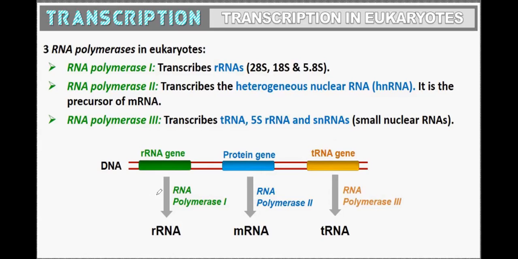RNA polymerase I produces rRNA, mRNA is produced by RNA polymerase II, and tRNA is produced by RNA polymerase III. So three types of RNA polymerases are required in eukaryotes.